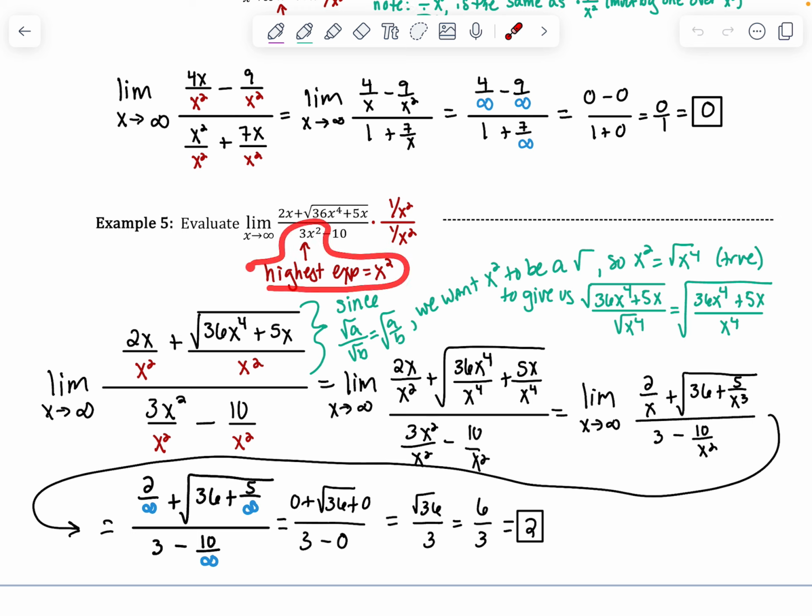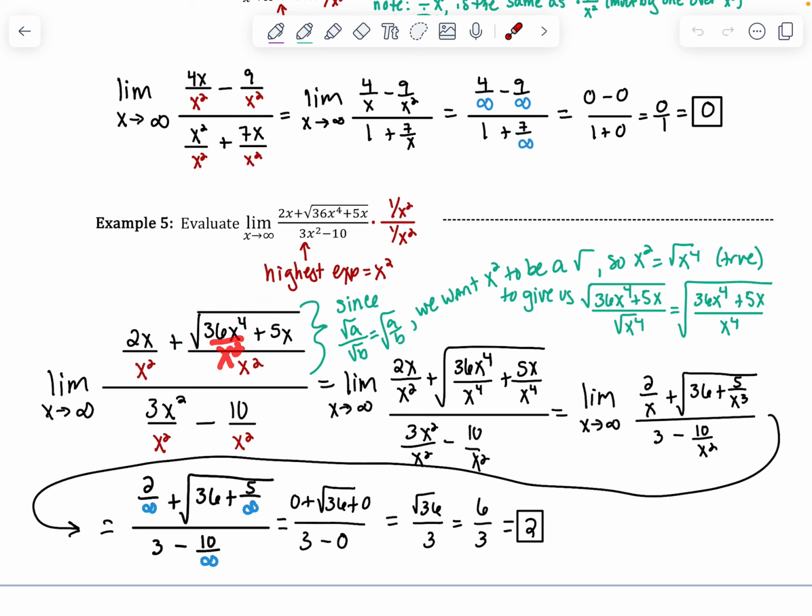And one last example. I start off just fine. I find my largest variable exponent in the denominator of x squared. I'm going to divide the numerator and denominator by x squared, keeping limit in front. It looks good until I get here when I go to simplify. What happens is this square root is causing me a problem.